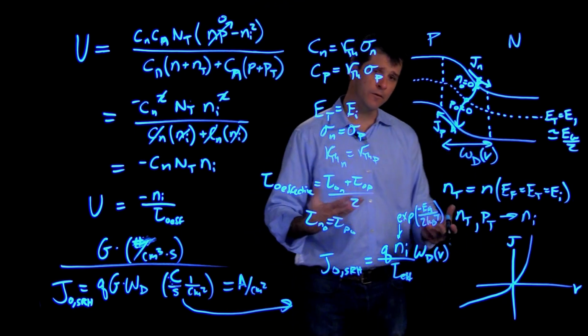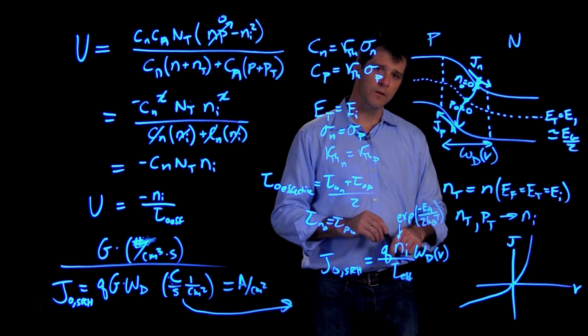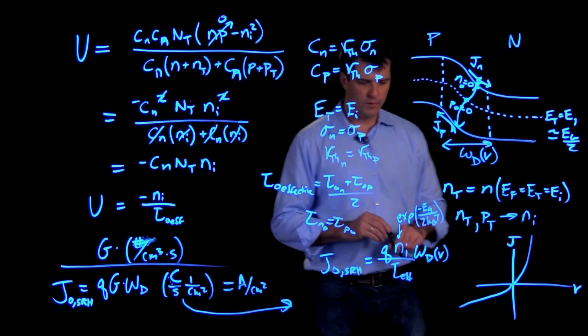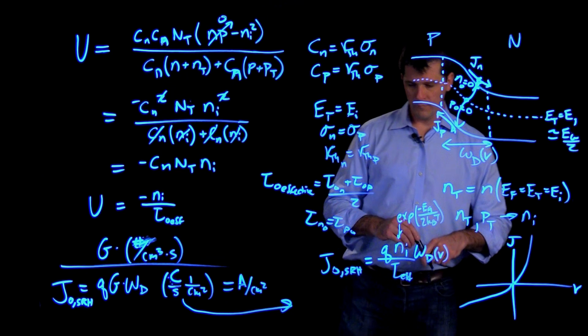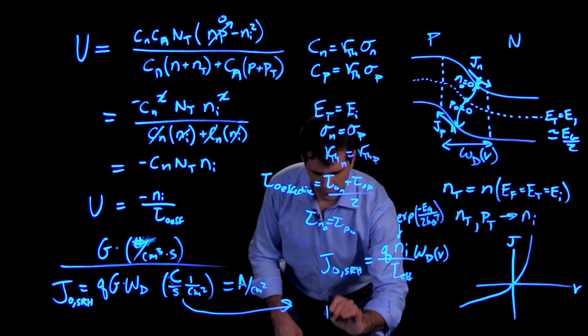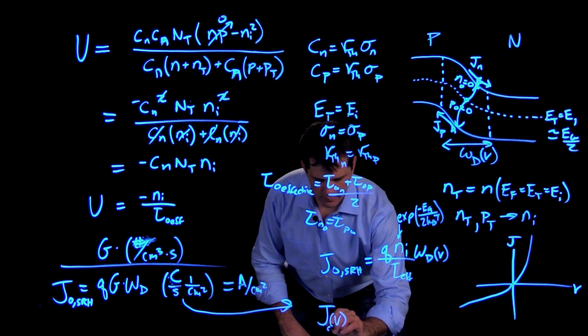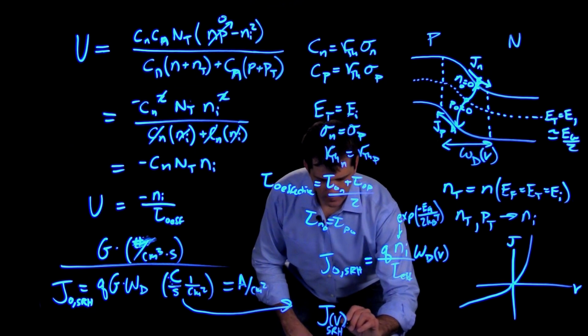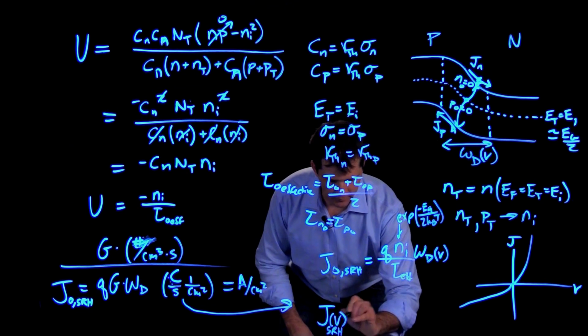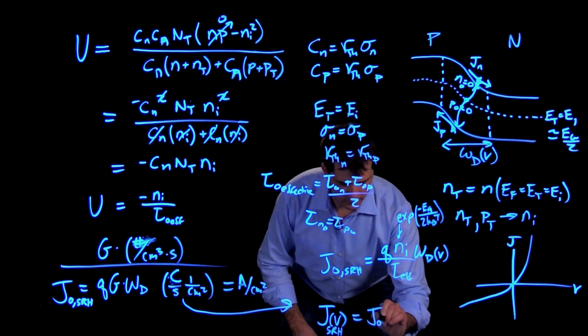And then it also turns out to introduce a similar factor into the diode current expression. So when we put the whole thing together, the JV contribution from Shockley-Read-Hall recombination inside the depletion width is J naught.